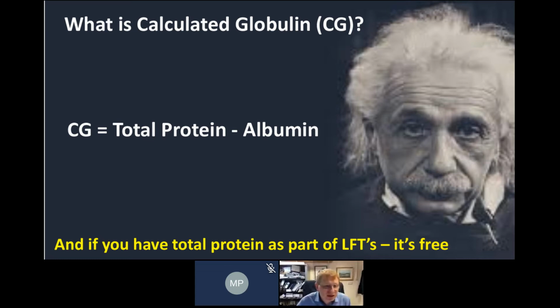So what is calculated globulin? Well, it's in fact not rocket science. It's really, really straightforward. CG, or calculated globulin, is actually total protein minus albumin. And total protein is usually part of what's called an LFT, or liver function test profile, in a biochemistry screen.